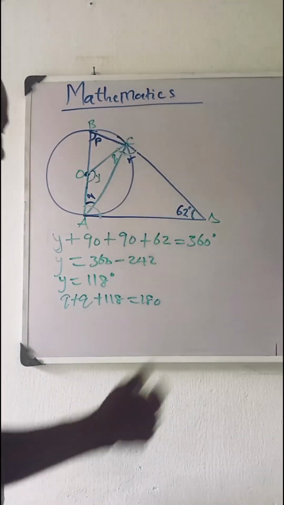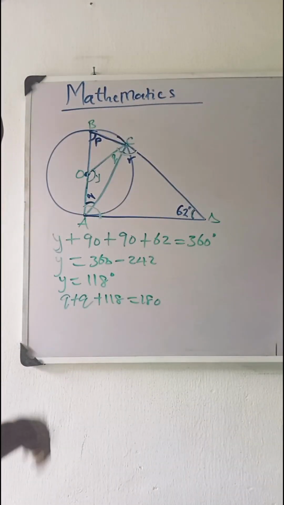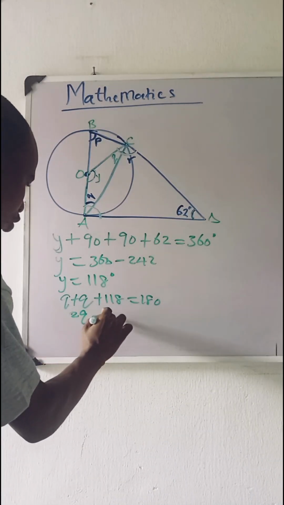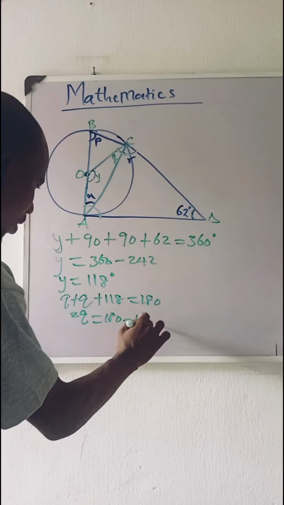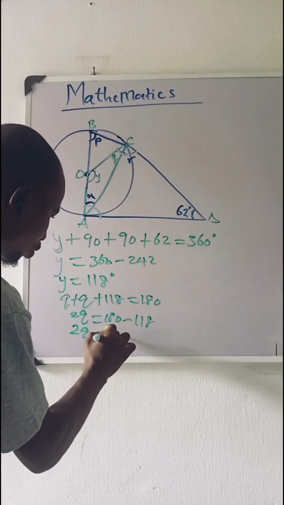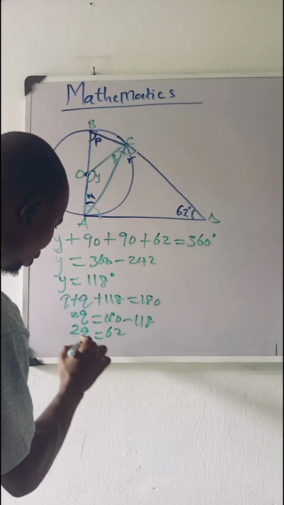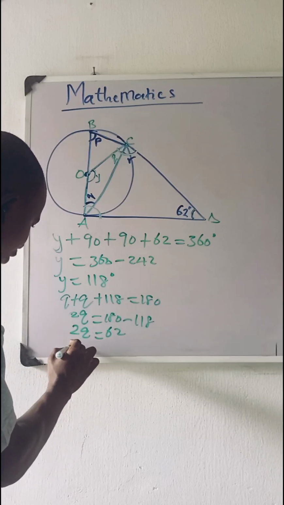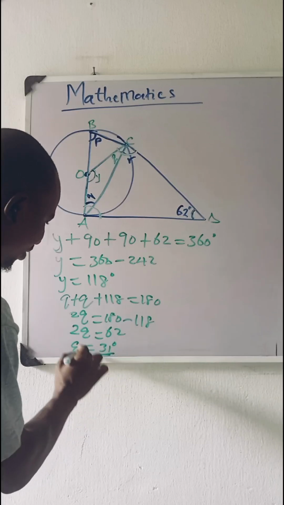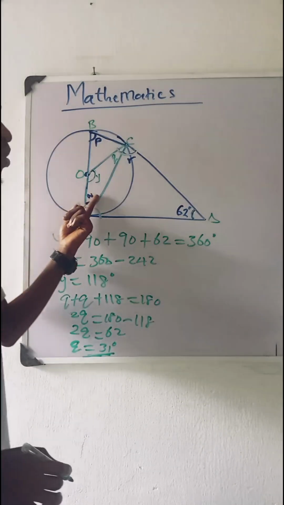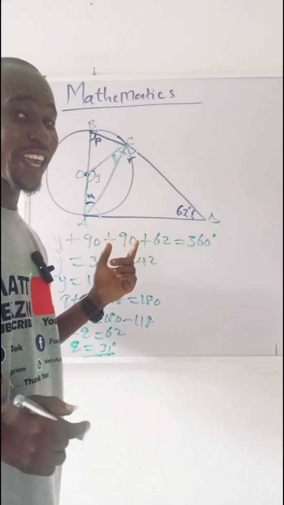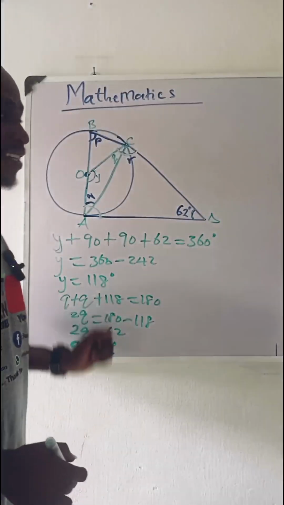Next, I have 2Q equal to 180 minus 118, so 2Q equal to 62. Divide both sides by 2 and that gives me Q is equal to 31 degrees. So my angle Q here is 31 degrees. Very simple.